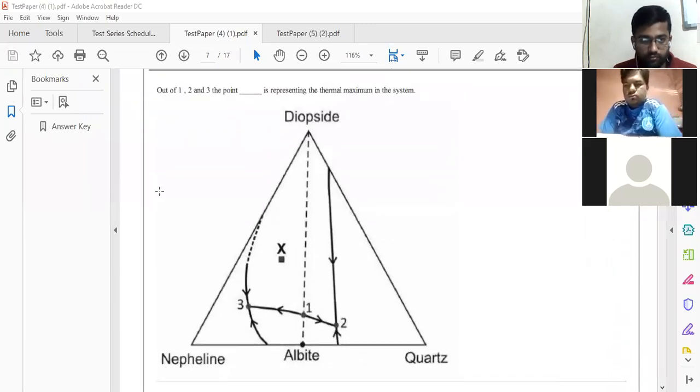Next, out of 1 2 and 3 the point is representing the thermal maximum in the system. Okay, so if you see original condition, this is the point where thermal maximum is represented.